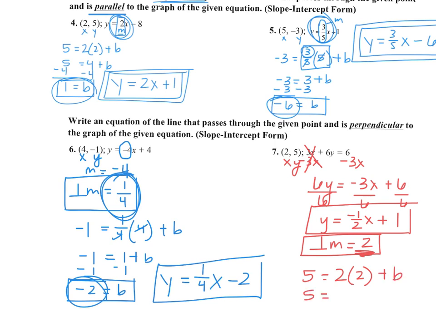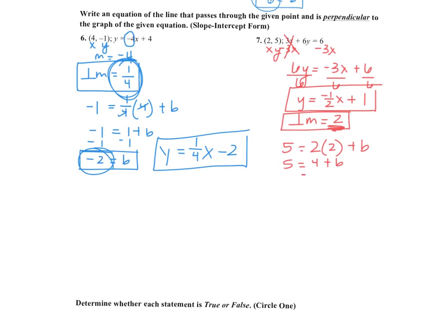So 5 equals 4 plus b, and we're going to take away the 4. So 1 is my b value, so it's going to be y equals my perpendicular slope, 2 times x plus 1.